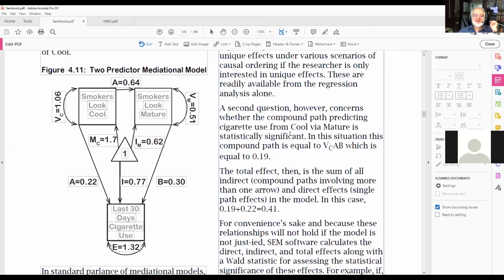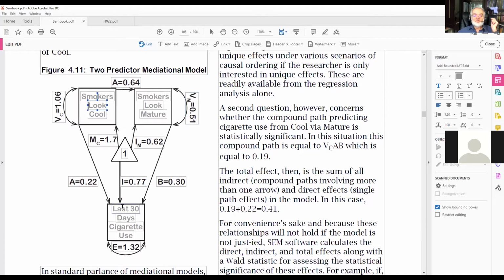Okay. So our direct effects are going to be all of the cases in this diagram where I go from the predictor variable to the criterion directly, that is, the variance times this, or the direct effect of Smokers look mature in the last 30 days is this variance times that.